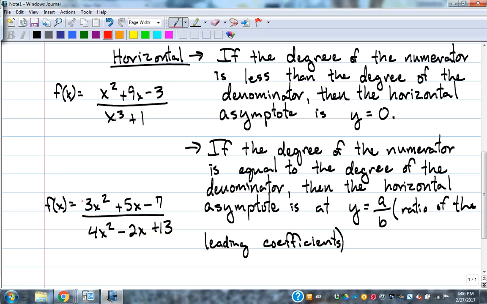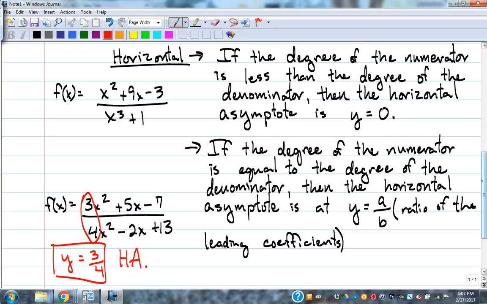The horizontal asymptote would be at the ratio of the leading coefficients, y equals 3 over 4. That's our horizontal asymptote. And I abbreviate that HA. 3/4, if the degrees are the same. Those are the only times horizontal asymptotes occur, is when the degrees do that.